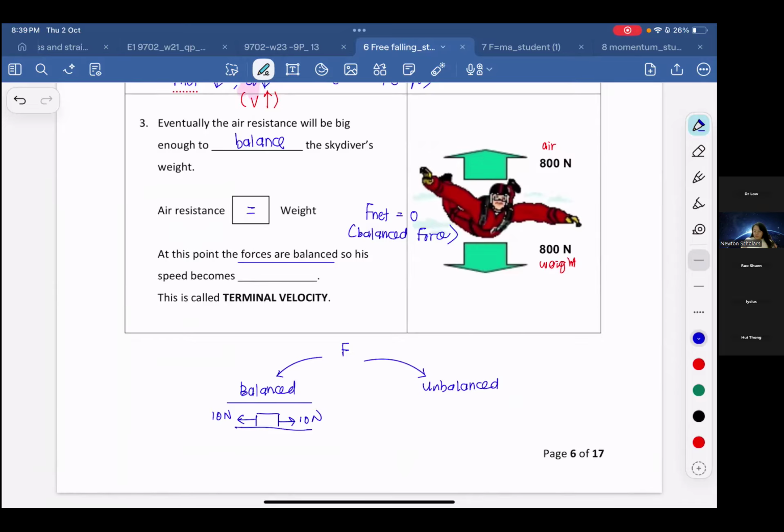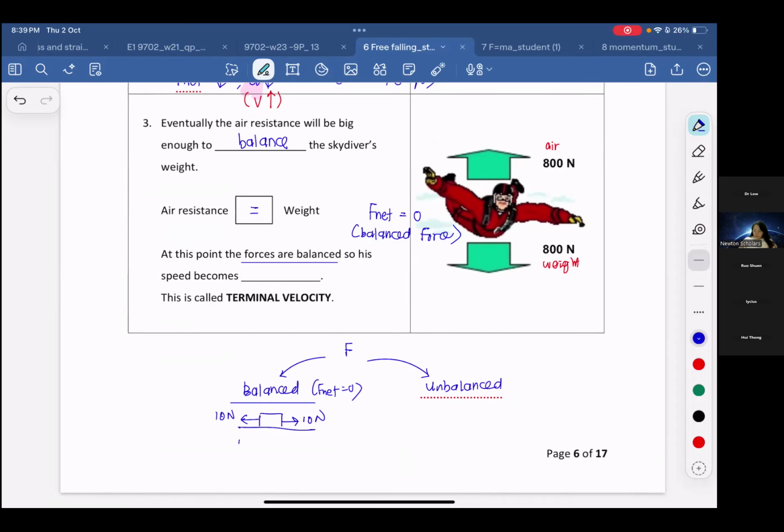This is called balanced. When balanced, net force is 0. So there are two types of motion. One is maybe the object at rest. Another one is maybe moving with constant velocity. We learned this already. If you don't know, then please go back and study again our worksheet regarding force and motion. I think it's the first lesson of the force and motion chapter.